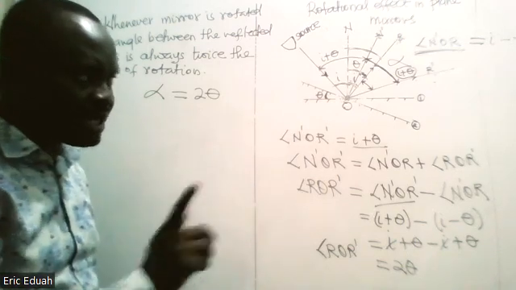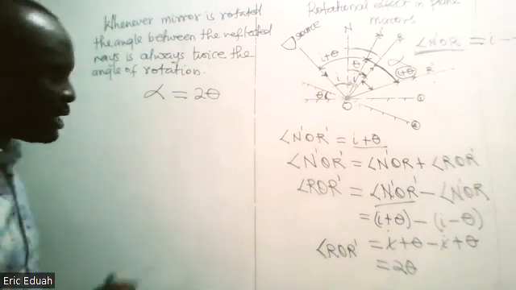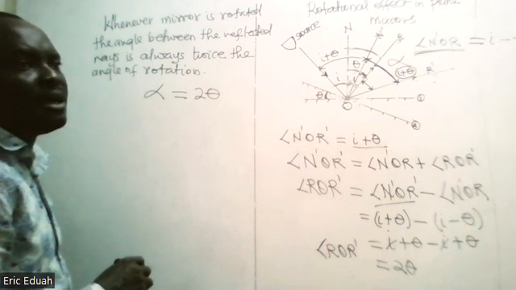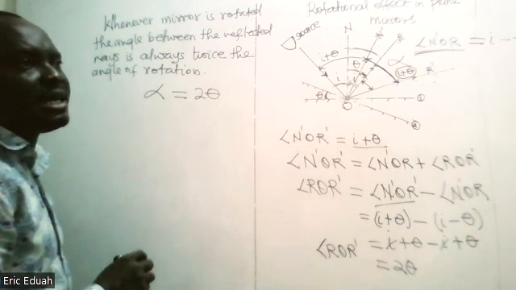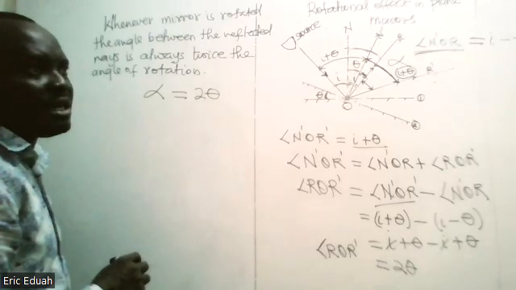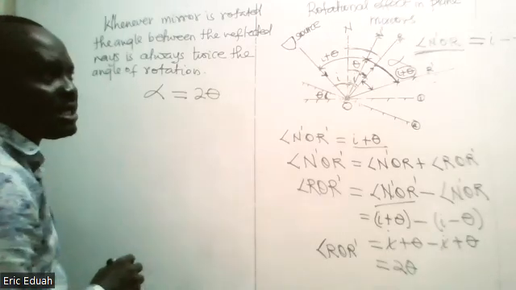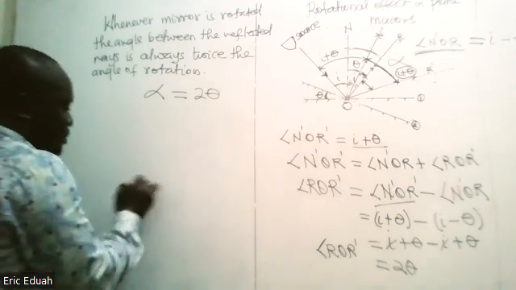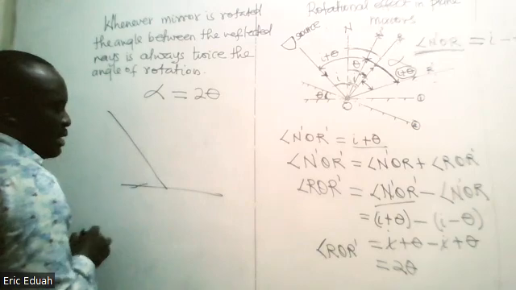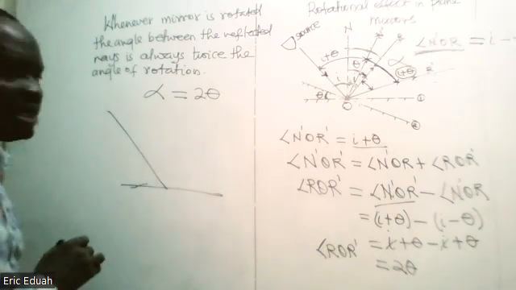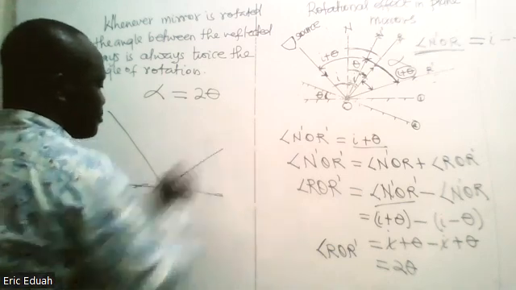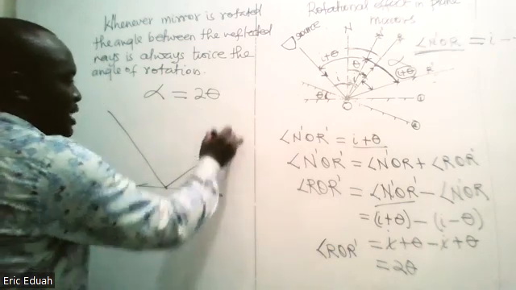An example of what we often do is a ray incident on a plane mirror. The mirror is rotated. So this is the mirror, a ray incident on it. Once it's incident on the mirror, it will give a reflection on a screen.